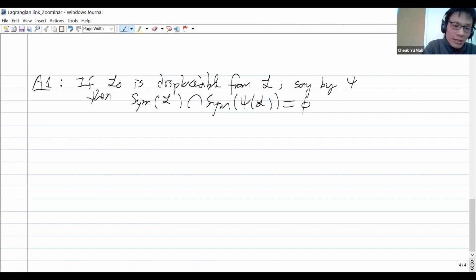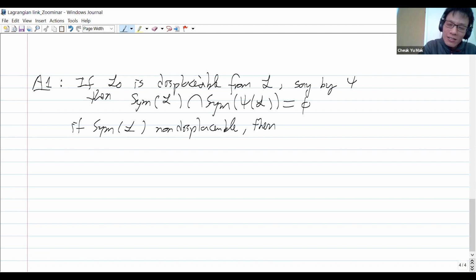So it means that if this one is non-displaceable, then so is L. So our focus therefore becomes the non-displaceability of this Lagrangian. This will be our focus.